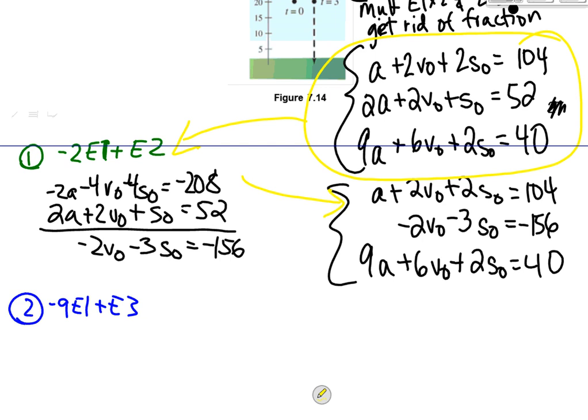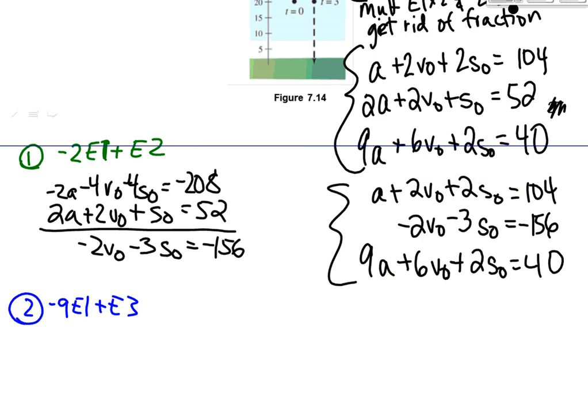So we've gotten rid of the A that's right there. Now our next job is to take this first equation, E1 times -9, and add that to E3, and that will make this drop out. Now I remember where everything is. Now I'll get rid of all this yellow and go through that process.